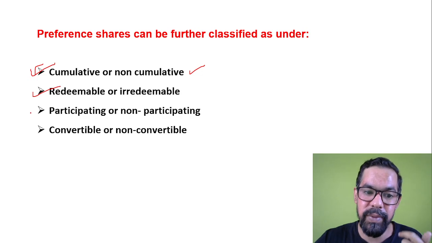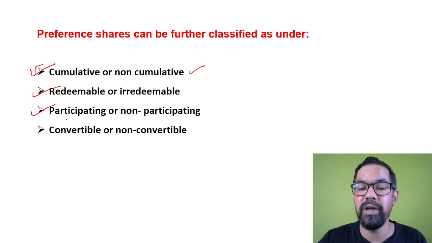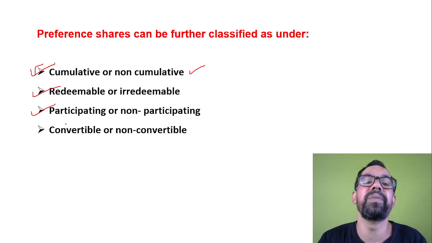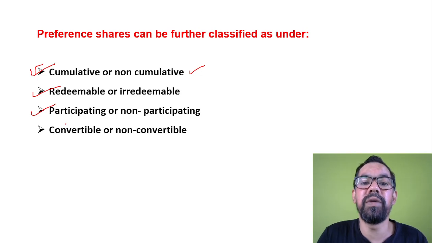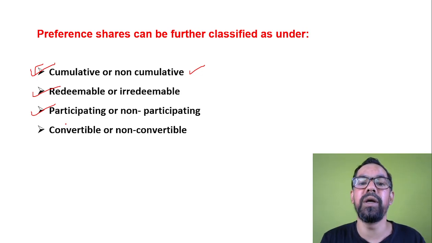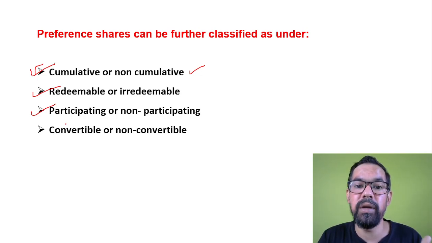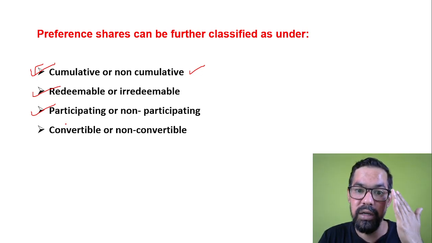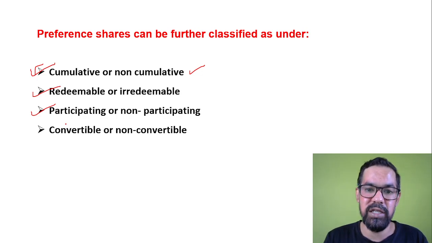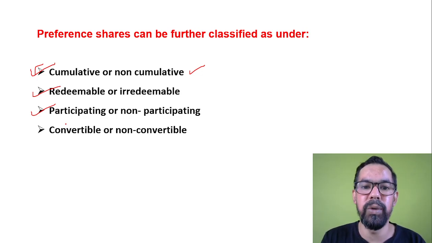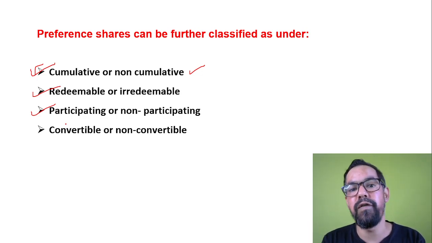Participating and non-participating, this is a special benefit in case of participating preference shareholders. Let's say the percentage of dividend is 8%, but in that particular financial year the company made a huge profit. Let's say they earn 500 crore rupees in the financial year. In case of participating, apart from this 8%, they'll get some extra money from the company.